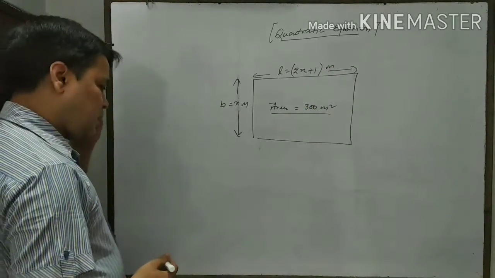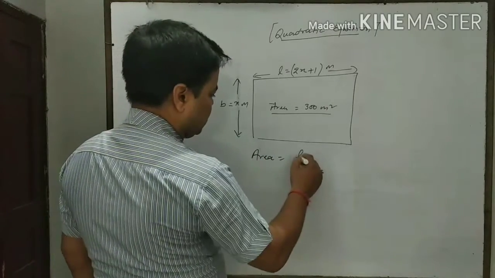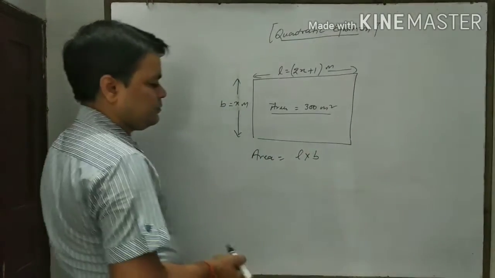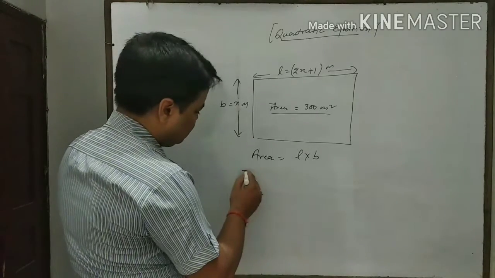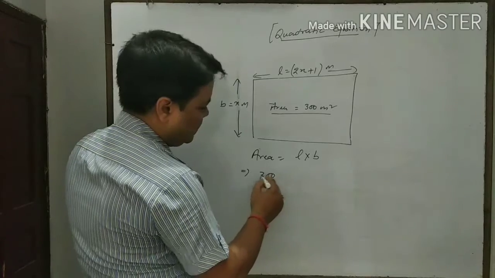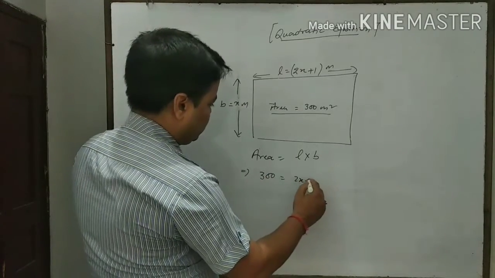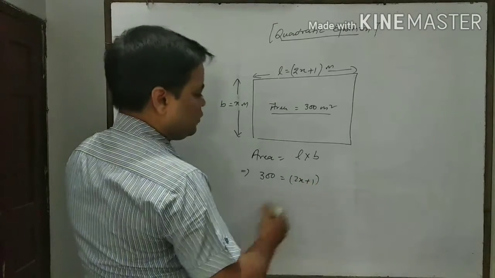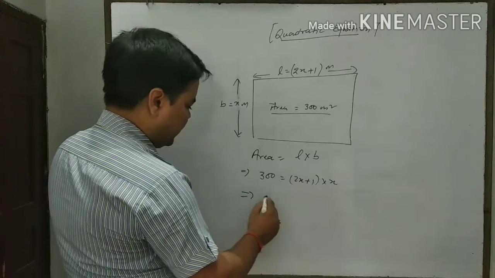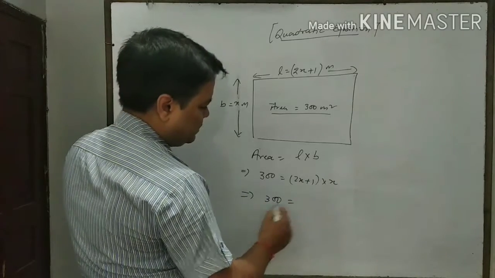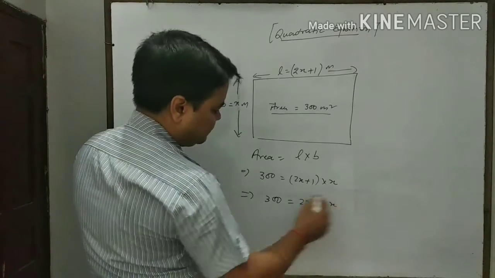Then we know that area is equal to length into breadth. The area is given as 300, the value of L is 2x plus 1 and the value of B is x. After solving, we find that 300 is equal to 2x square plus x.